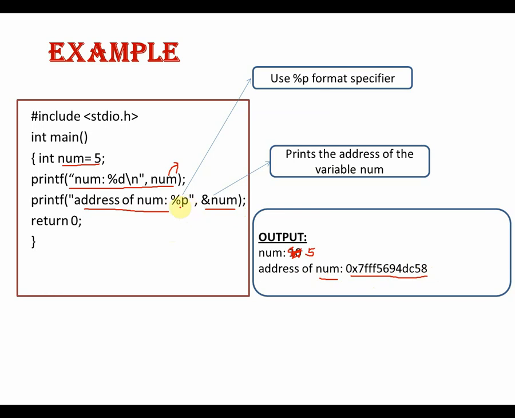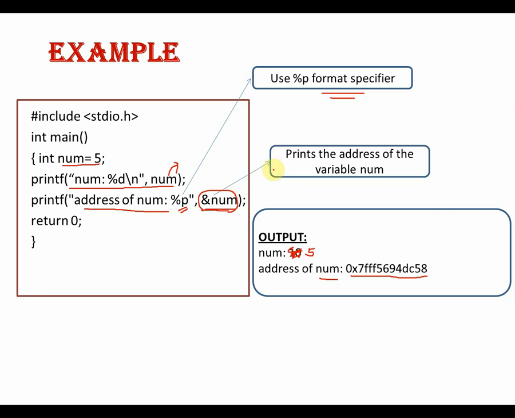Now as you see over here, while printing we use the %p format specifier. We do not use %d. %d is for integer values. %p represents the pointer format specifier. So this is how we would print an address in memory. Putting this ampersand sign before num will give us the address.